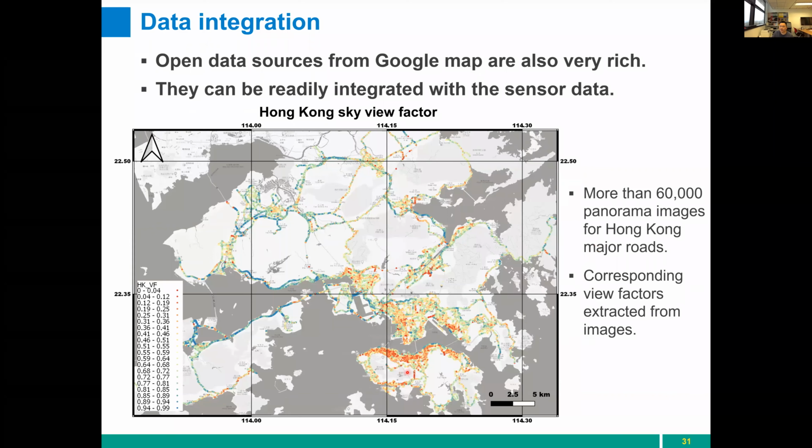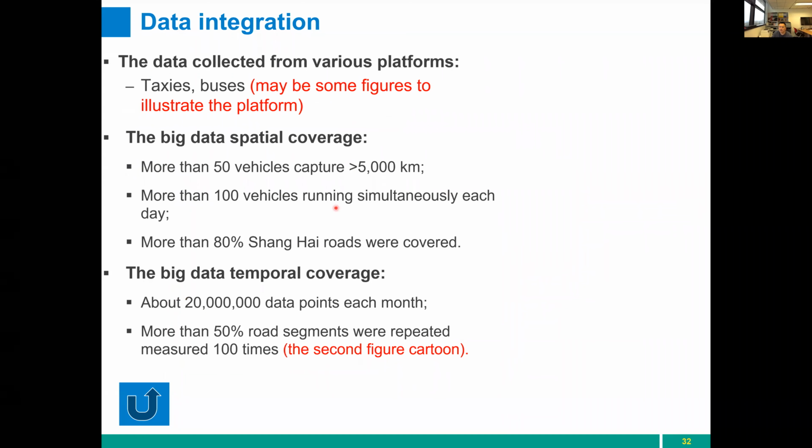So you can see how you can form this sky view factor in Hong Kong, which is how narrow the street is, or how little space you see when you look above. The redder it is, the more confined it is, and the worse the dispersion condition is. So this is where the data integration can involve quite different types of data.